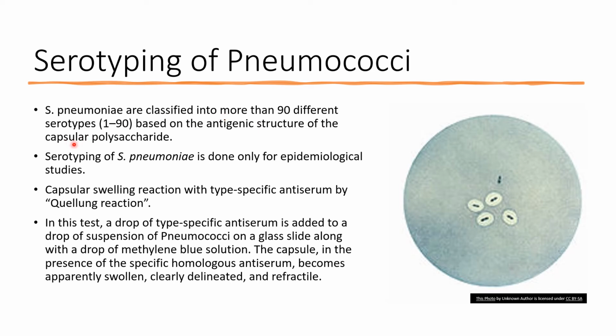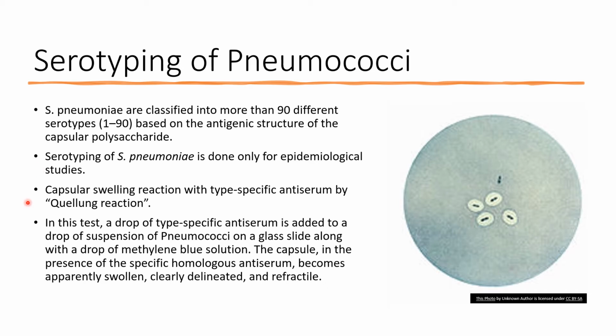The polysaccharide capsule differs from one serotype to another, and based on that we have almost 90 different serotypes. And why is serotyping done? Mainly for epidemiological studies, that is, in India what types of serotypes cause pneumonia, and in the US or Japan, different types of Streptococcus pneumoniae cause pneumonia. So mainly for epidemiological or distribution studies, we do the serotyping reaction.